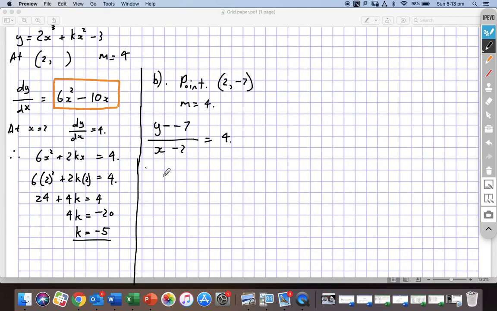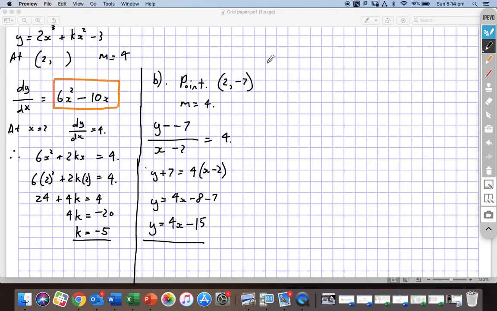All right. So we end up with y plus 7 would equal 4 times all of x minus 2. We can tidy up until we get a y equals mx plus c. Look, so we'd have y equals 4x minus 8, and then we'd have to minus 7. So the book will write it in this form, and there's our equation of our tangent.